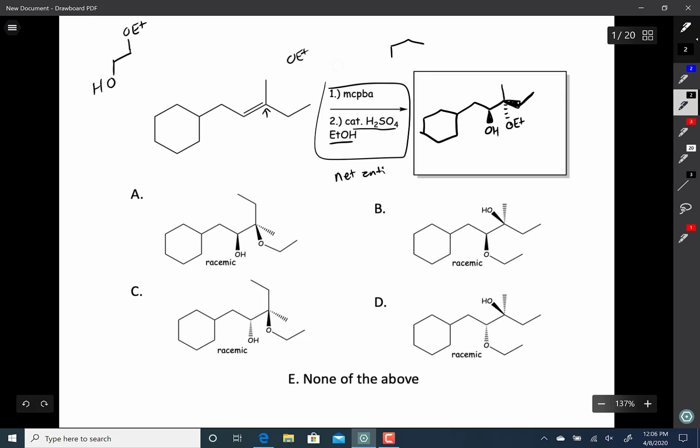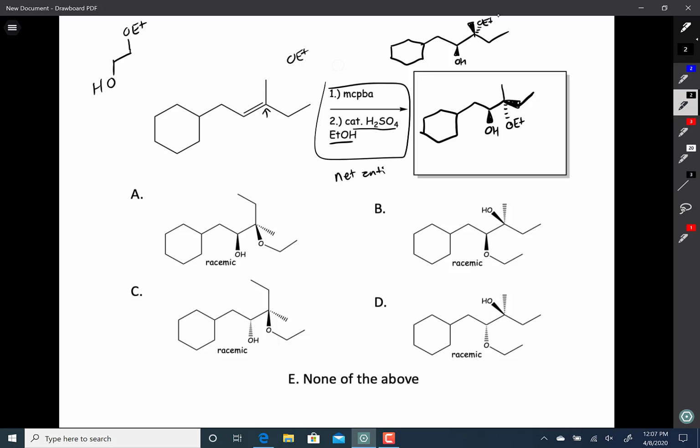Or the other possibility, you could have drawn the OH as a wedge. If you drew your OEt up here, then you make that OEt a dash, and therefore that ethyl group is a wedge. These two molecules are the same molecule.